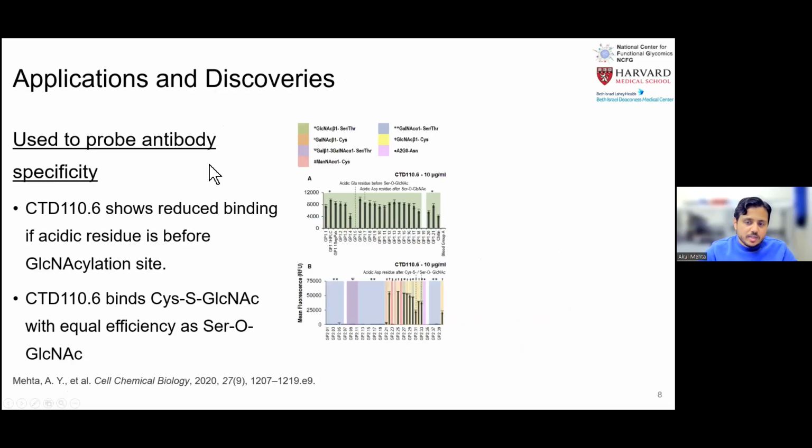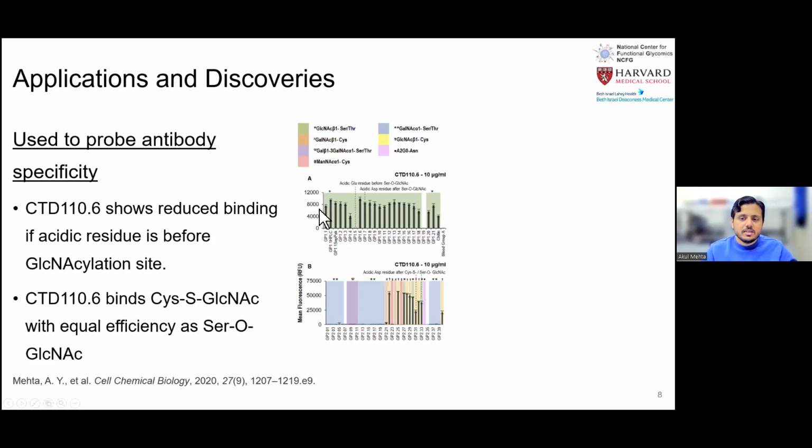So where do we use these libraries of glycopeptides? Well, the first application which we used it for was to probe antibody specificity. CTD110.6 is a very well-known antibody which recognizes GlcNAc O-linked glycans, specifically GlcNAc beta 1 serine or threonine.